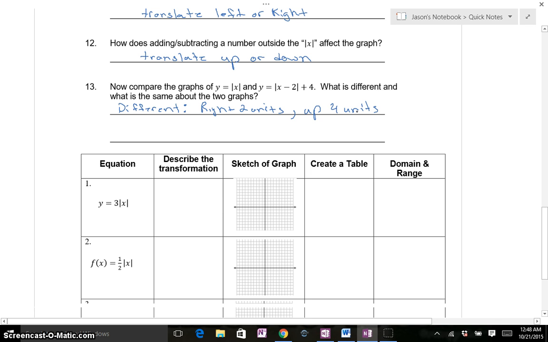Alright, what's the same about them? Both have a V shape and open upwards.